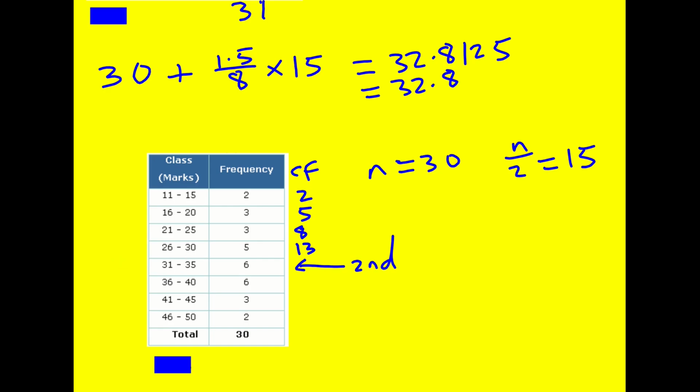Okay, now we've got class marks here, and this is a little bit confusing because you're not ever going to get a decimal mark, really. You're going to expect to get a full number of marks. However, we are still going to use the idea of lower bounds to help us with this. So actually the group is going to become 30.5 less than or equal to x less than 31.